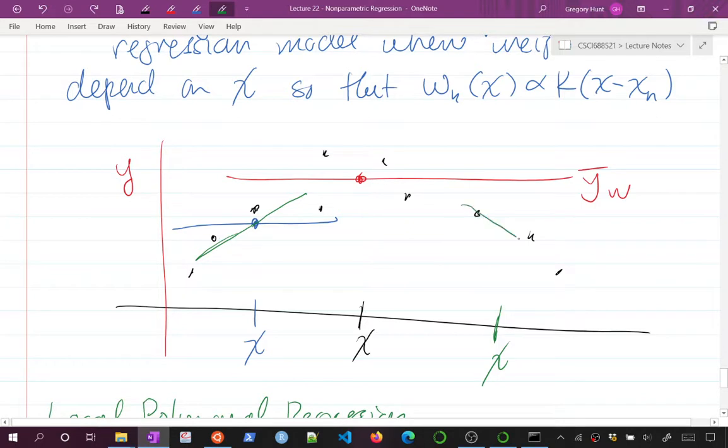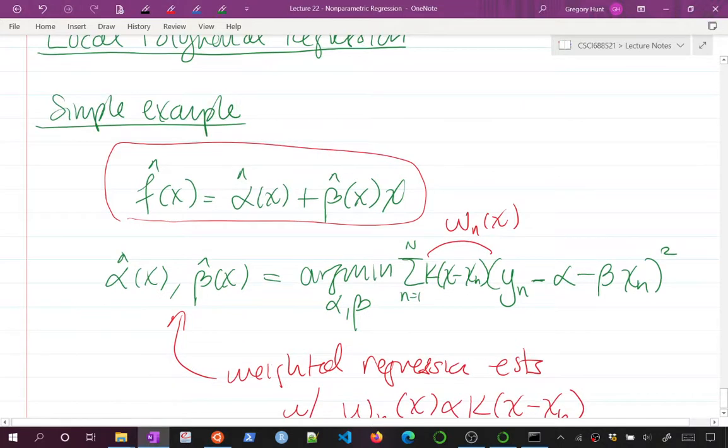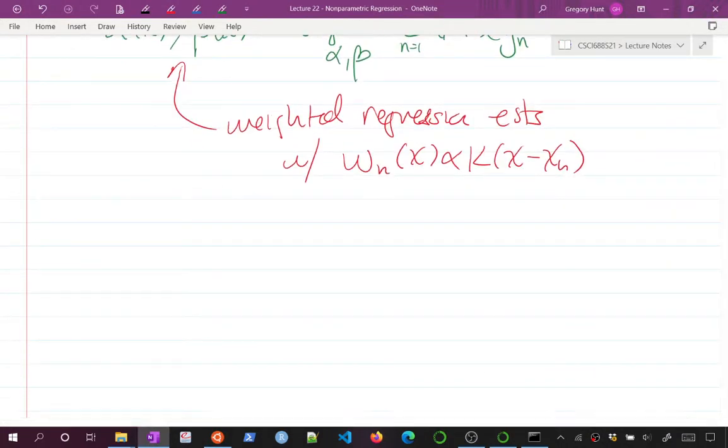And so I would be fitting a different alpha and beta that's highly weighted to those points over there. The idea being, if you fit just a straight-up regression line to this thing, it wouldn't do a good job because it's a smooth function, but we're going to locally adapt the regression to the nearby points. So this gives us what's called local polynomial regression.